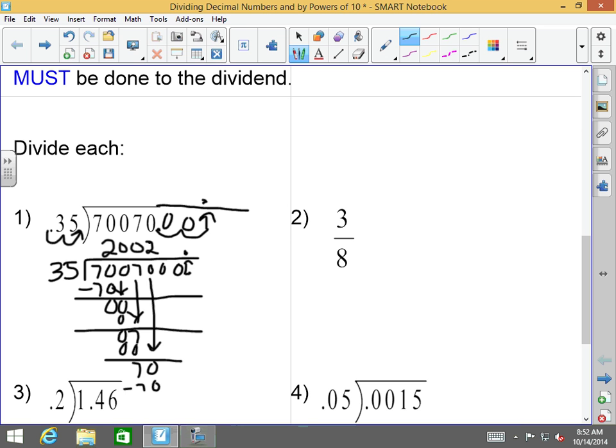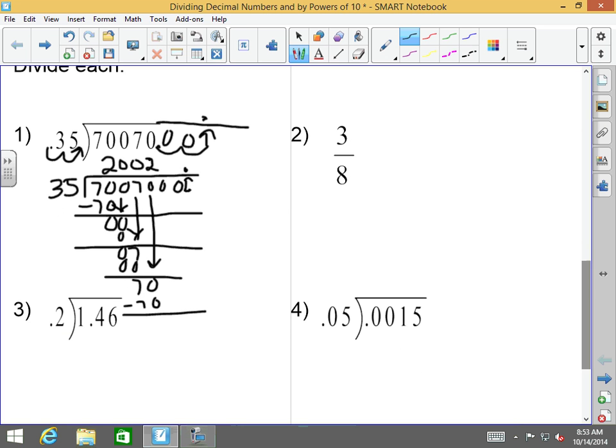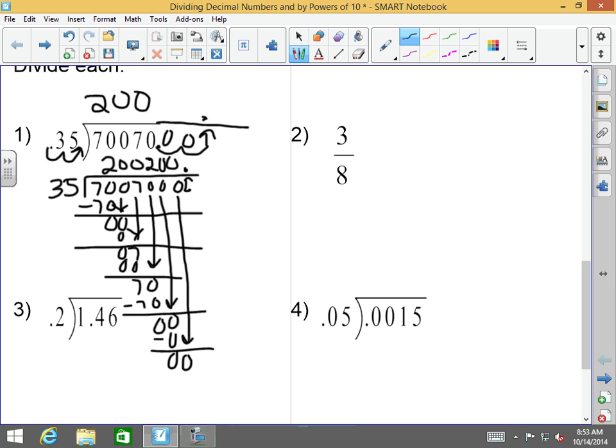So that's 70, and then that's 0. Bring down your other 0. How many times does 35 go into 0? 0 times, which is 0. And the last 0 you bring down. How many times does 35 go into 0? 0 times. So my answer here is 200,200.